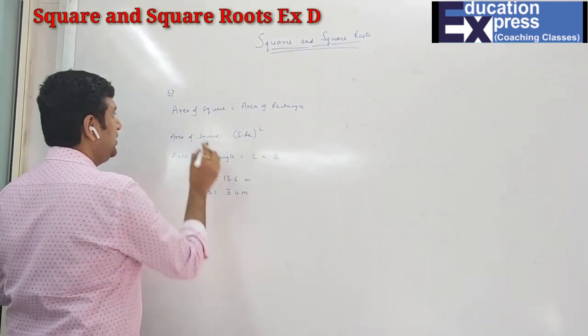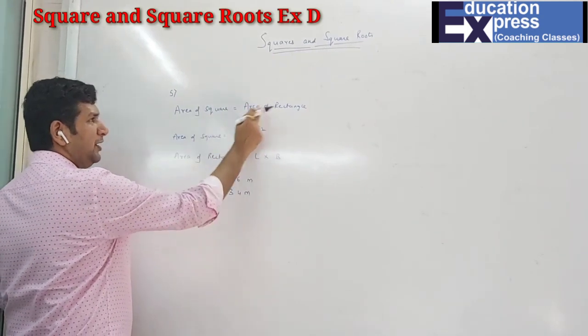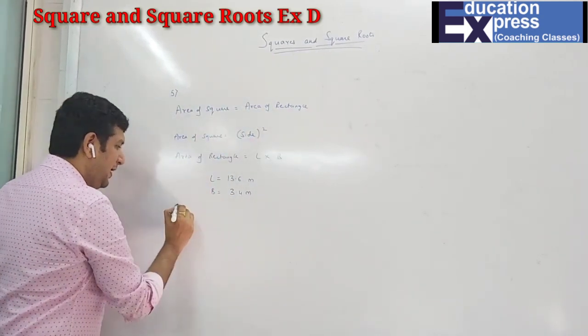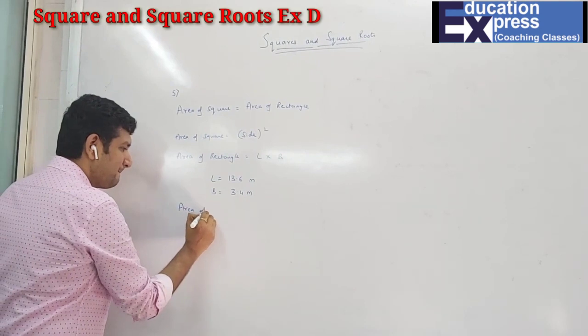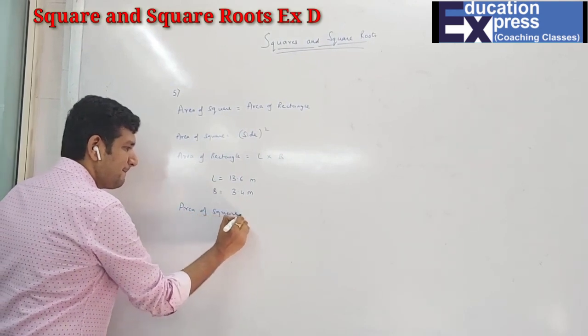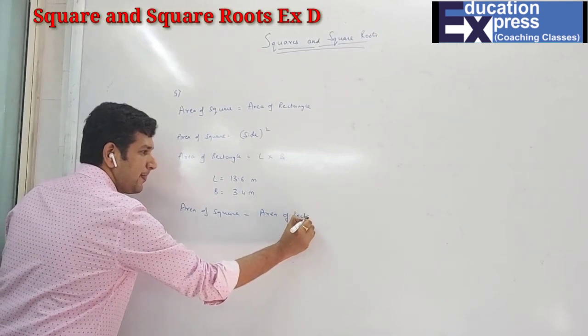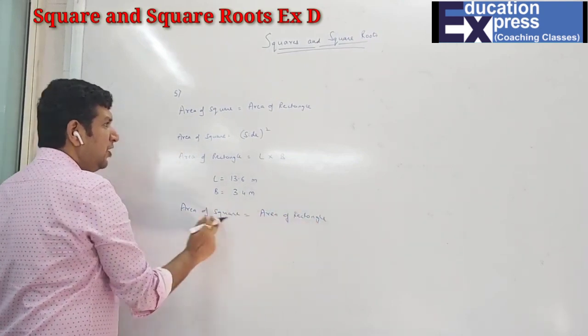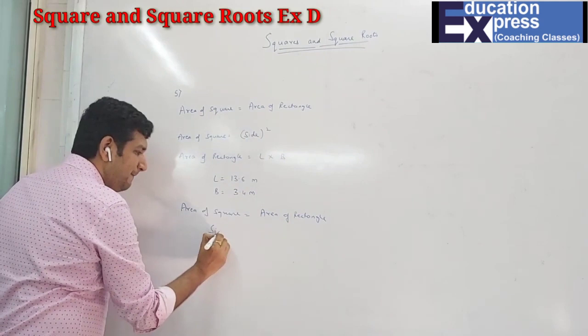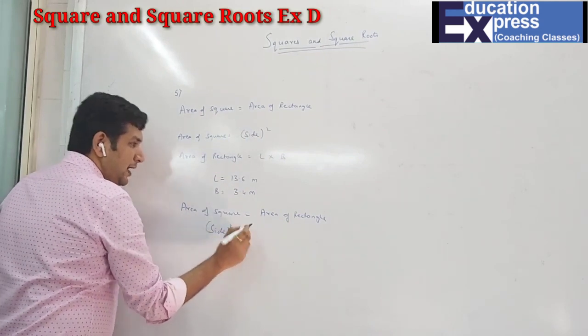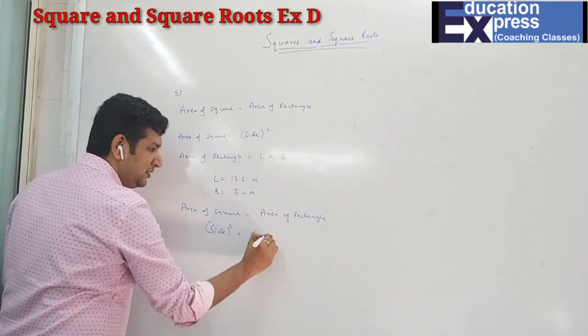So as per the condition, they have given the area of the square is equal to the area of the rectangle. What's the area of a square? The area of a square is side square, and the area of a rectangle is length into breadth.